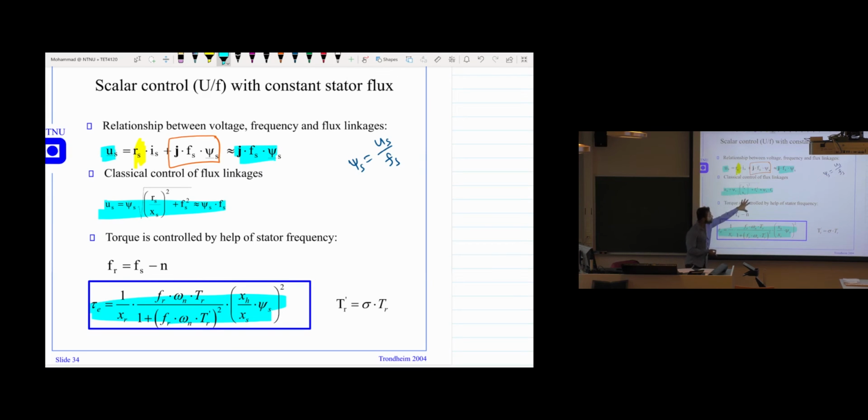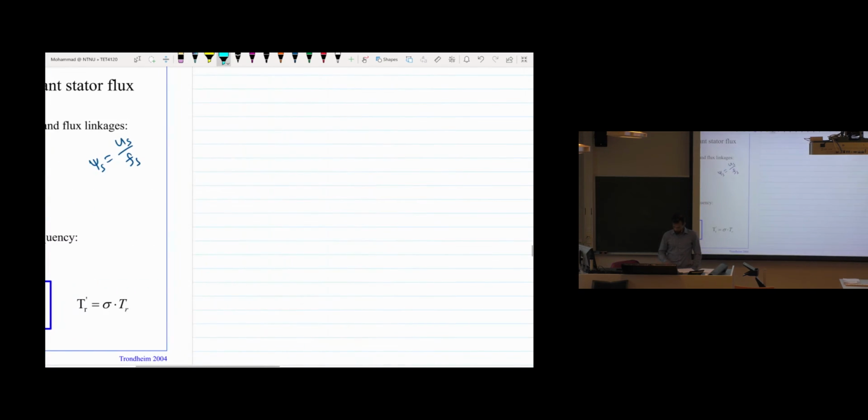So when we do the compensation, or at high frequency, we get this, and the torque comes in terms of the rotor frequency. We know that this is the difference between the stator space vector frequency and the rotor speed. So how does the behavior look if you plot the torque in terms of the speed?